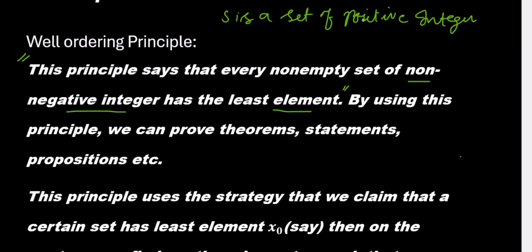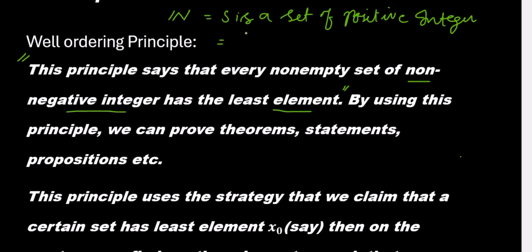The meaning of this statement is, if you are a student of set theory, you probably understand S is a set of positive integers to mean S is equal to the set of natural numbers. But this is not true in this text.